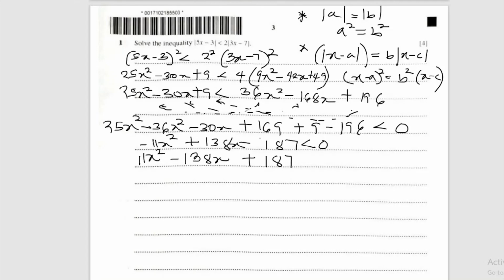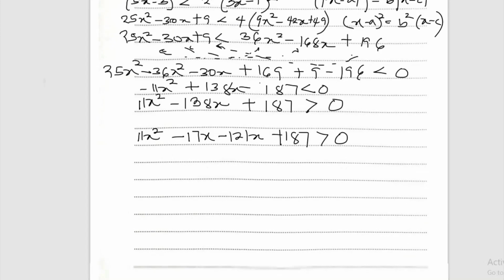Of course, the minus will affect the inequality sign, so it changes to greater than 0. From here it is now a quadratic. We solve it in quadratic form by looking for 2 factors, which are most likely minus 17x, minus 121x, plus 187, greater than 0.